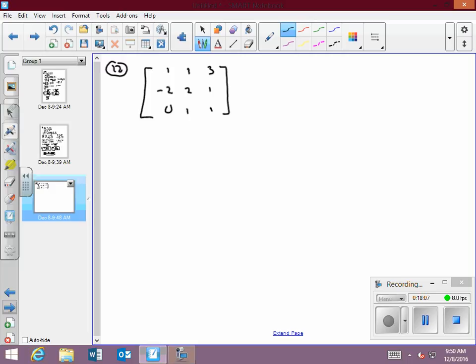Let's work on that determinant. So if I can get a diagonal matrix, then I'd go 1, 1, 3, and then take 2 times the first row and add it to the second.